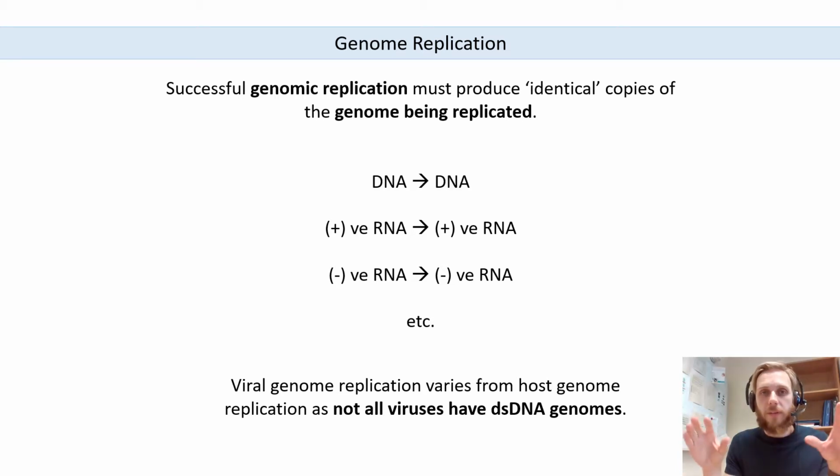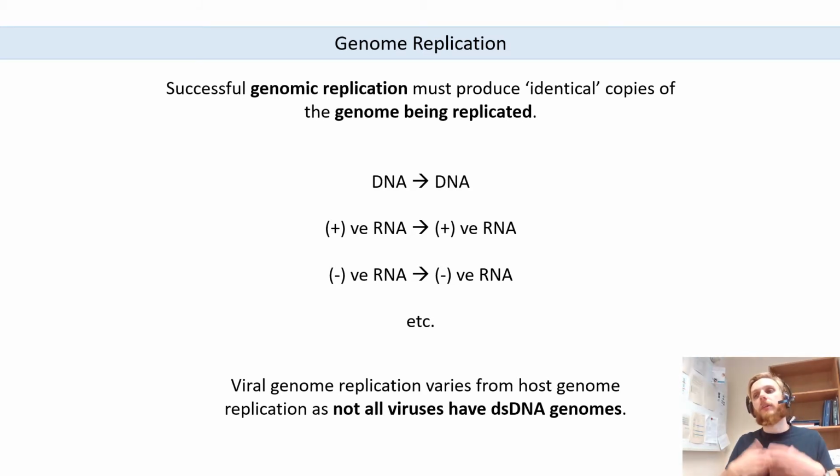Viruses, as we've established, don't all have double-stranded DNA genomes. Their genomes can come in all shapes, all different forms. So therefore, many viruses can't use DNA-dependent DNA polymerase. They have to use different methods to replicate their genome.